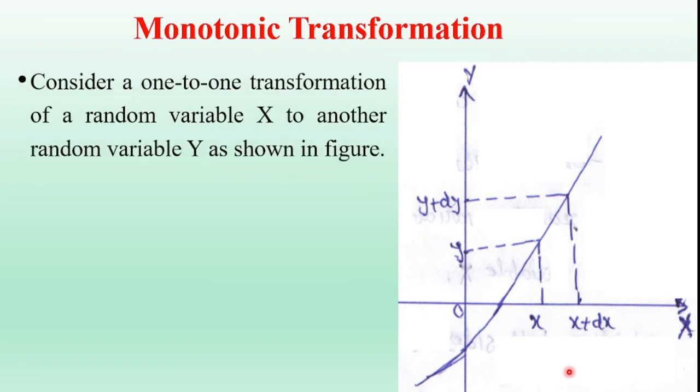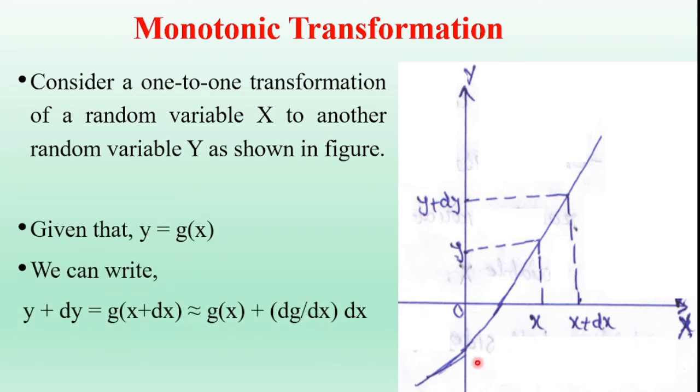Given the one-to-one transformation, the transformation function is y is equal to g of x. We can also write y plus dy is equal to g of x plus dx, which is approximately equal to g of x plus dg by dx into dx, where dg by dx is the derivative of the function g of x with respect to x.